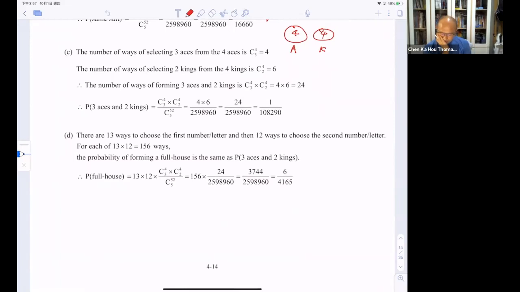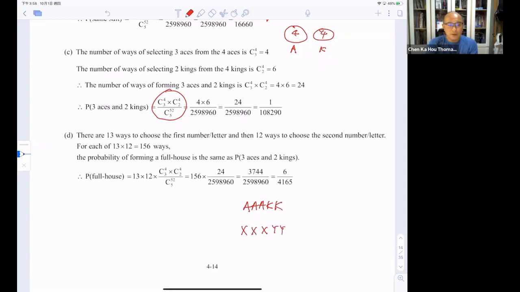First, you solve this problem using a particular case: 3 aces and 2 kings. But a full house is mathematically 3x with 2y.